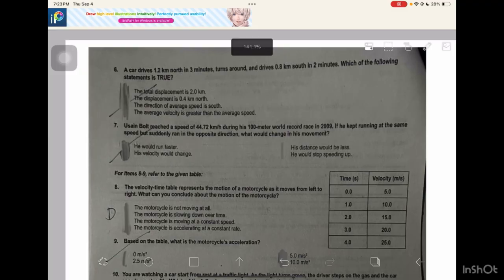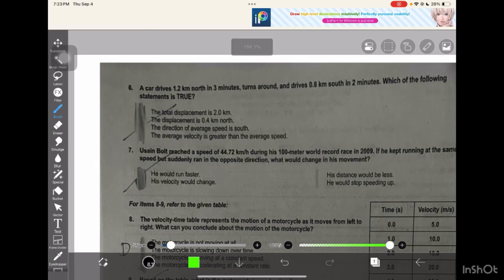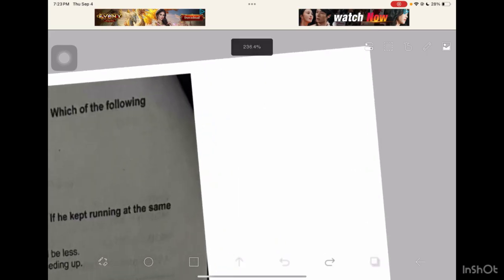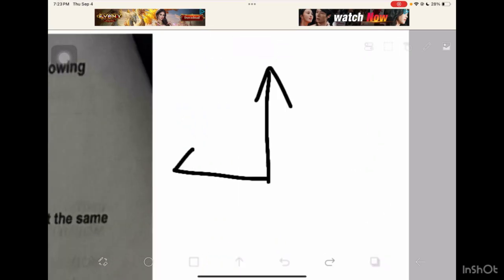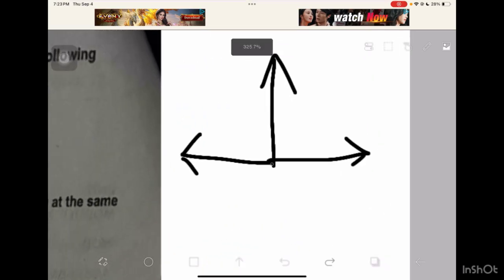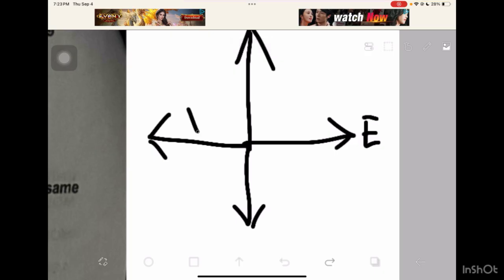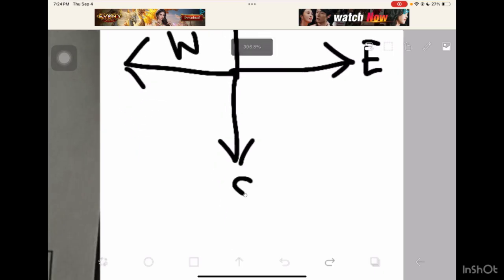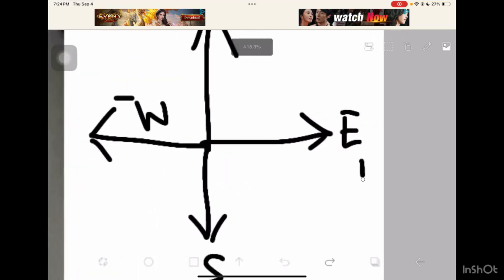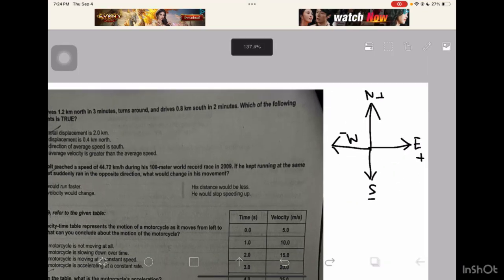Alright, number 6. A car drives... let's illustrate for this one. I'll put a general compass over here with the directions. So just use this compass as a reference for all the illustrations I'll be making here. So north, east, west, south, and of course this is negative, negative, positive, positive.